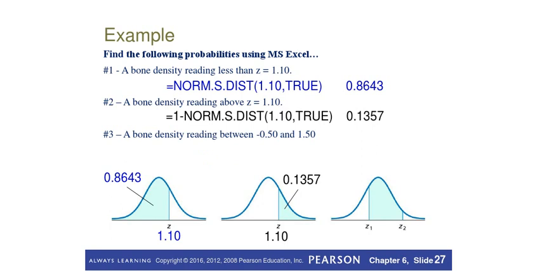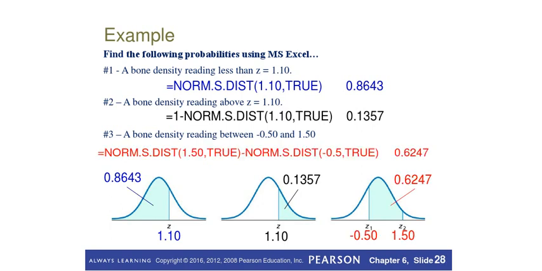All right, what about a bone density reading between negative 0.5 and 1.5? Well, just like anything else, what we said was we're going to subtract the two values. We would subtract whatever we get for the larger one, 1.5, minus the one that we get from the lesser one of negative 0.5. In Excel, here's how that looks. You'll note that what I did here was that I took my very first probability, which is the larger probability, and I subtracted from it my smaller probability right here.